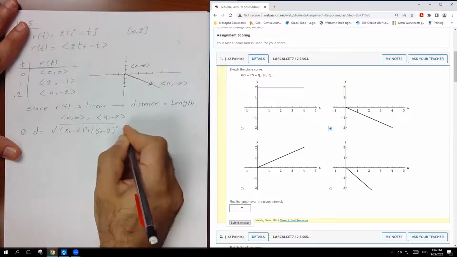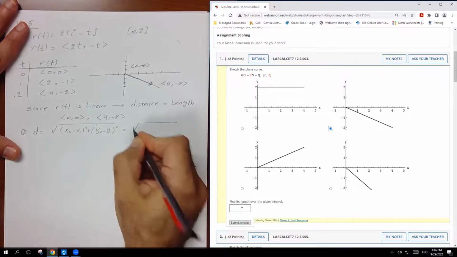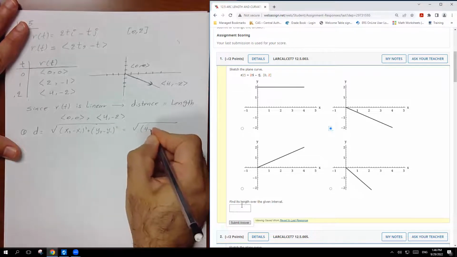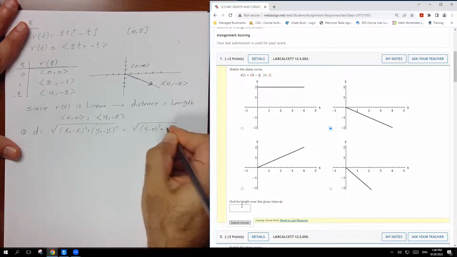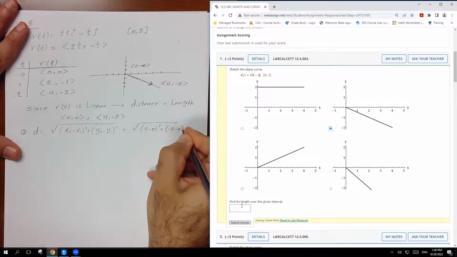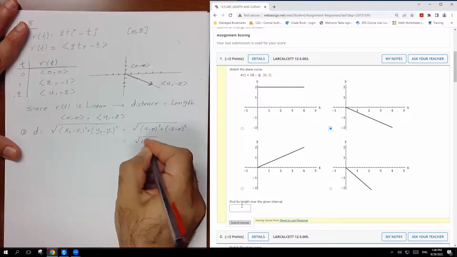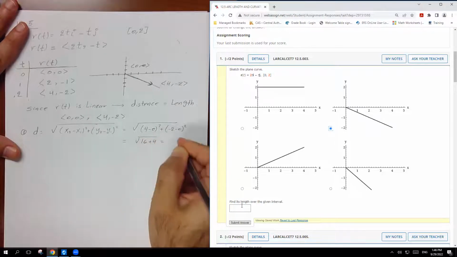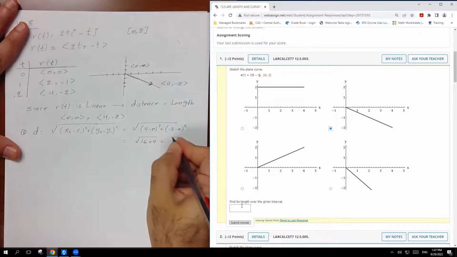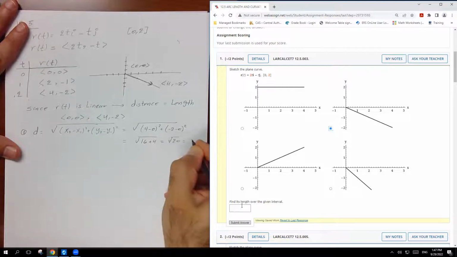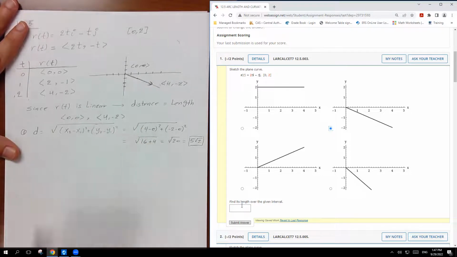Don't forget the square. That's 4 minus 0 squared plus negative 2 minus 0 squared, which equals 16 plus 4. That equals the square root of 20, which is 2 square root of 5. This works only because we have a line, so we can use the distance formula.